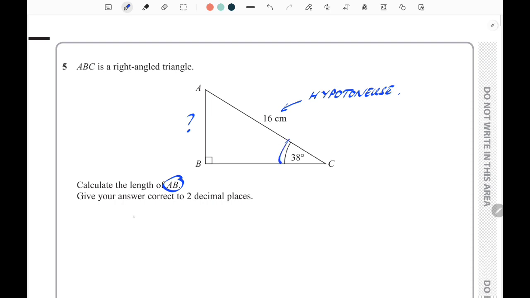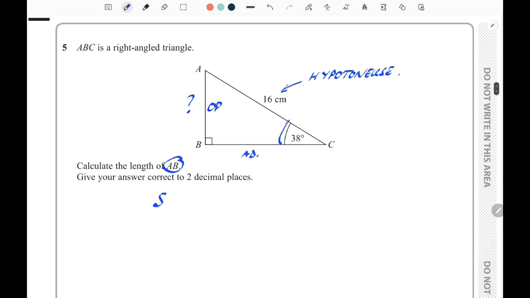So we want to find AB, which in this instance is the opposite to the angle at vertex C. So ACB is 38 degrees. AB represents the opposite to that angle, and just to expand the thought, BC is the adjacent. So bear that in mind, and we're going to use SOHCAHTOA.